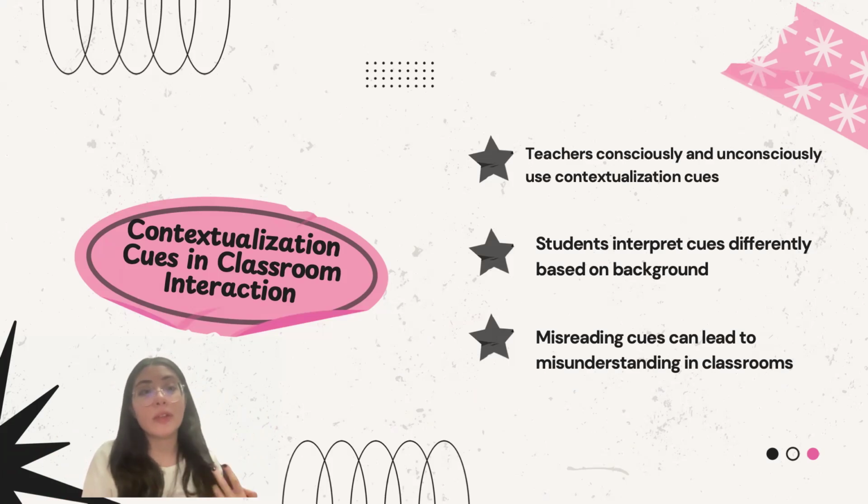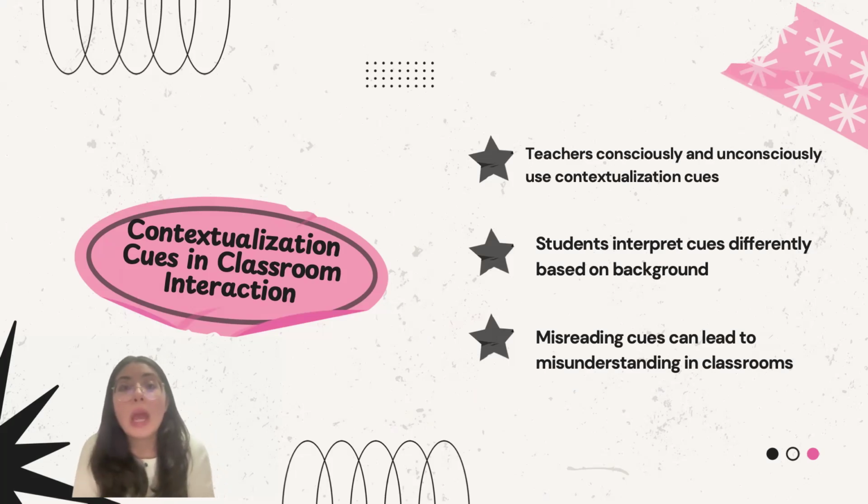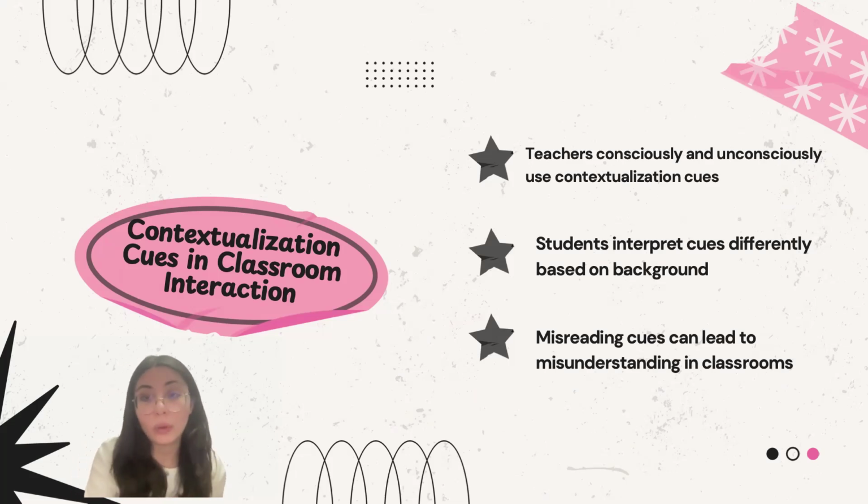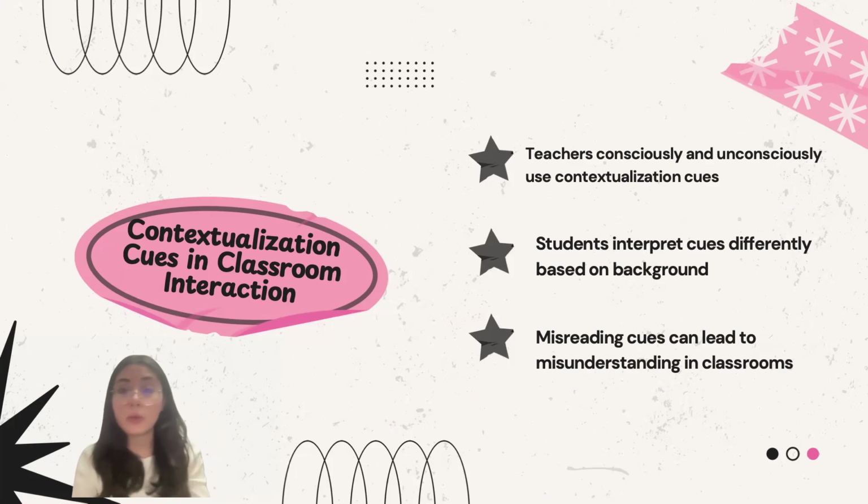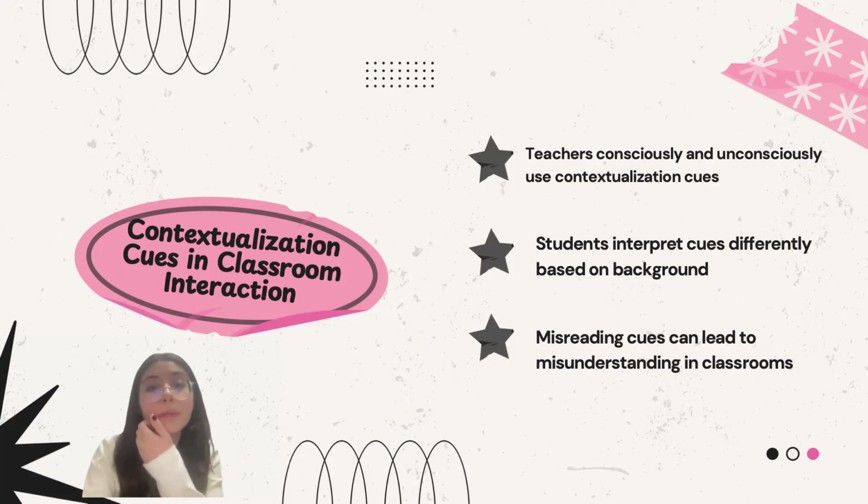When teachers misinterpret these cues, such as eye contact, levels of formality, or tone, miscommunication and unfair judgments may occur, as I said before. Understanding classroom interaction, therefore, requires awareness that contextualization cues function differently across students, situations, and social groups.